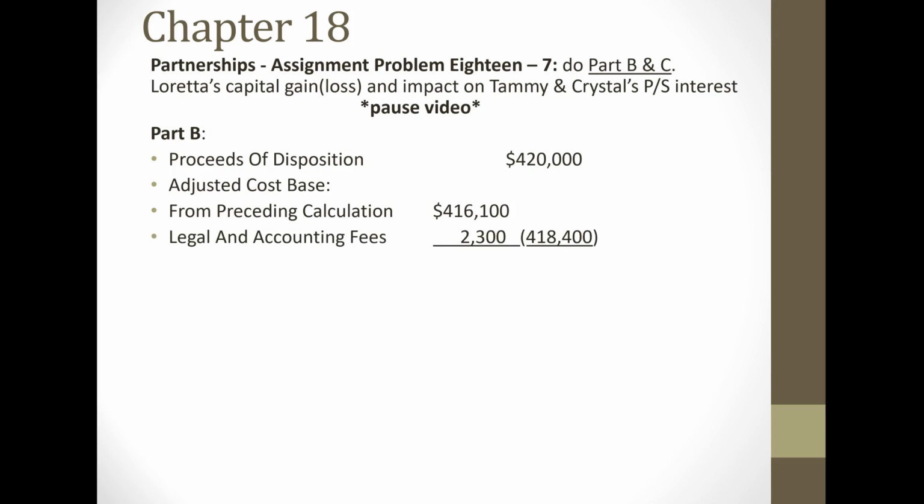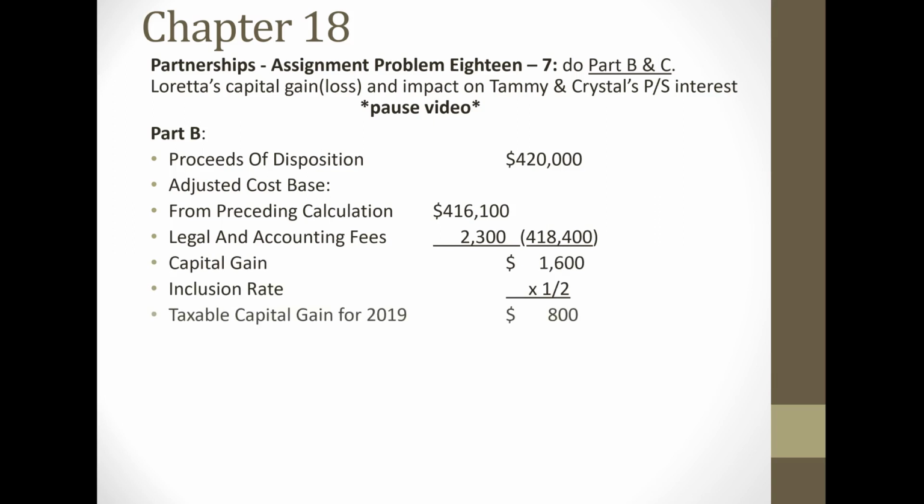So that's going to increase the cost to $418,400. So the capital gain is going to be $1,600. Now, one half of that is taxable. So her taxable capital gain for 2019 that she would have to include on her own tax return is $800.